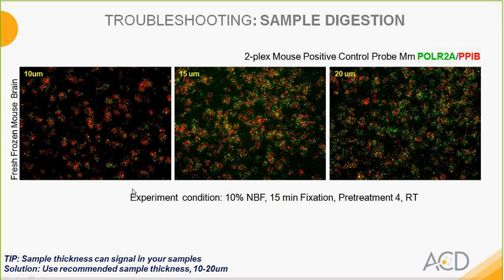We therefore recommend that you optimize your protocol to determine the best thickness for your assay. 15 micron seems to be most popularly used, but our recommendations are to use within a range and determine the protocol that works for you.